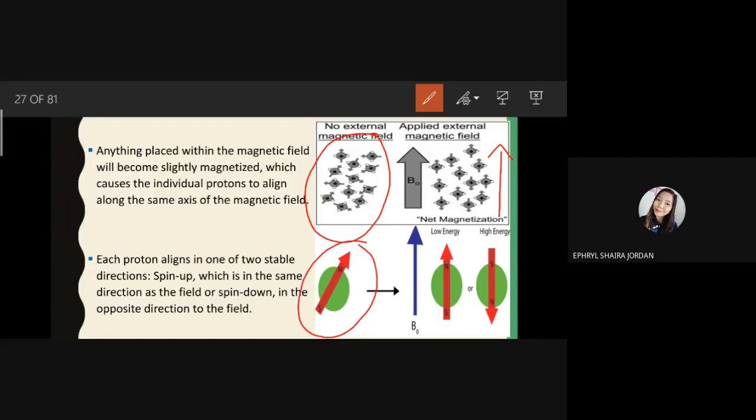Meron siyang dipoles also, north pole and south pole. So, those low energy protons will align with the magnetic field, and those high energy protons will face the opposite direction of the field.